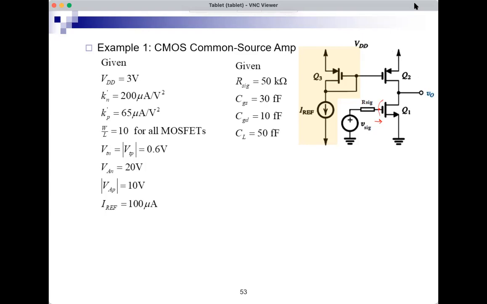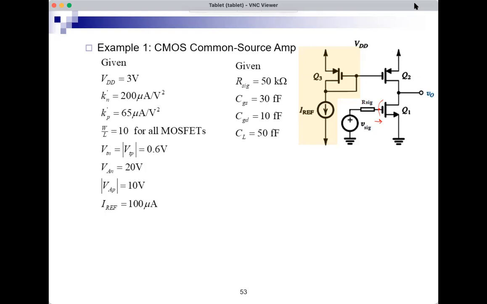It's a capacitive input. So it's 50K. And we saw that it enters in all the equations that we derived when we derived the transfer function, when we applied Miller's theorem, or when we did the OCTC. We had Rsig in the expressions.